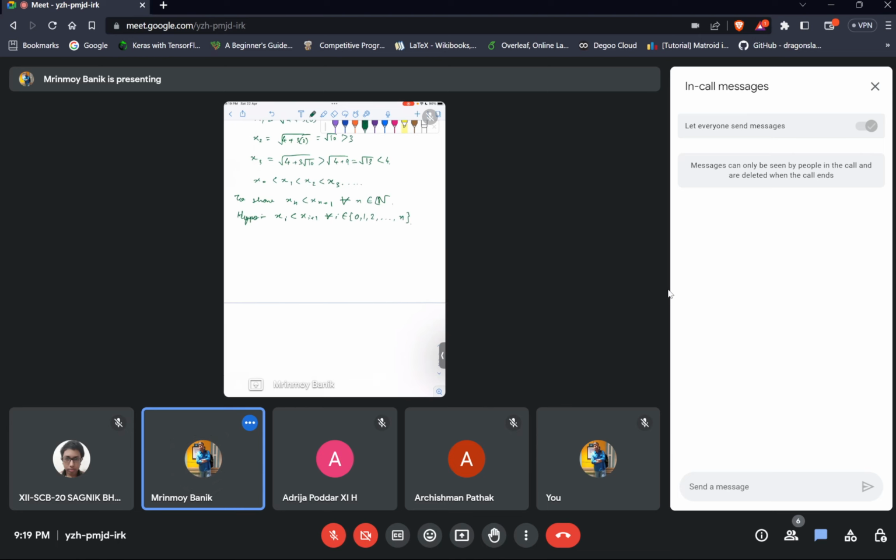Now the inductive step. So xn+1 is the square root of 4 plus thrice xn.